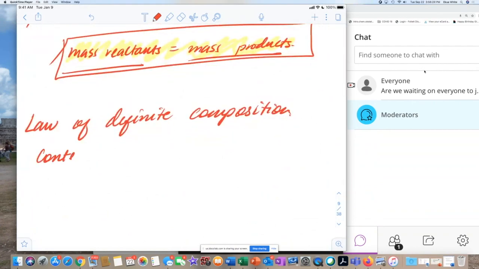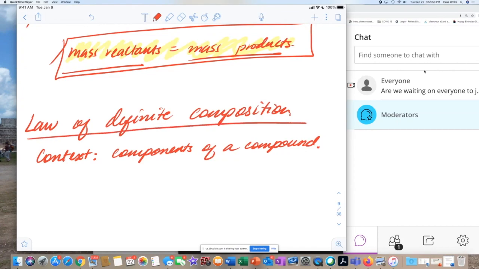The context is components of a compound. So when you're trying to look at a compound, you're trying to figure out, well, what elements are in the compound and what law helps me to know that this compound is what I think it is, the law of definite proportion comes into play.